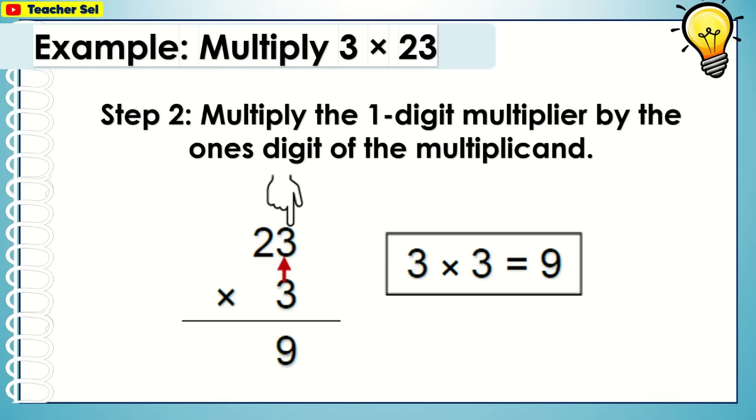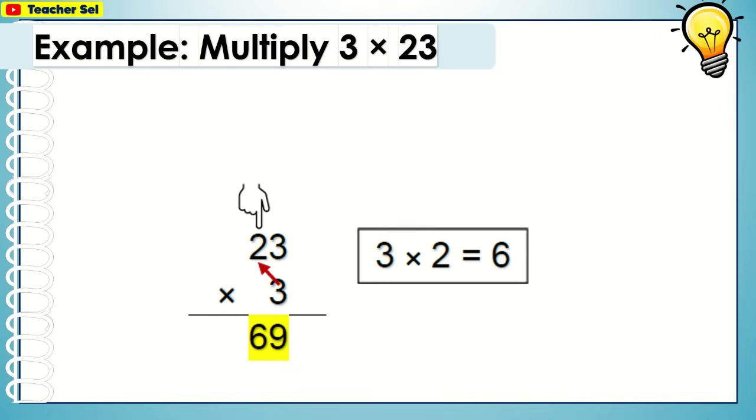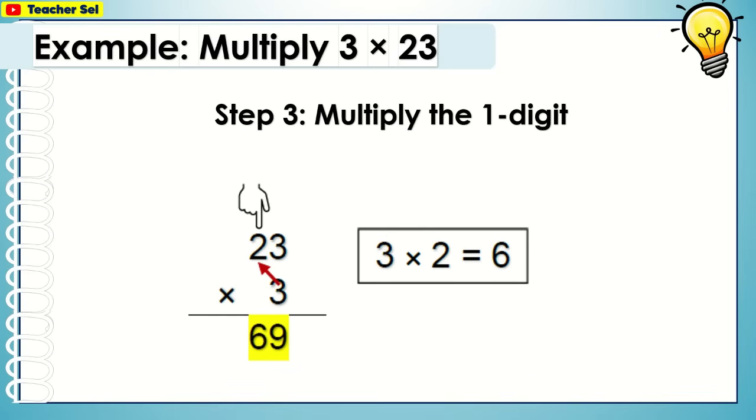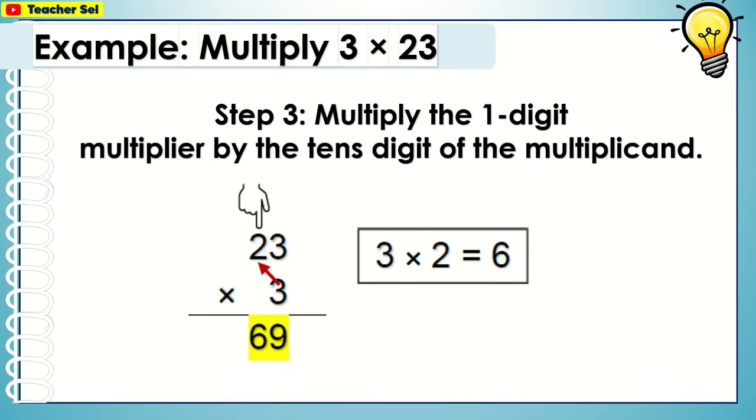Step 2. Multiply the one-digit multiplier by the ones digit of the multiplicand. 3 times 3 equals 9. Step 3. Multiply the one-digit multiplier by the tens digit of the multiplicand. 3 times 2 equals 6.